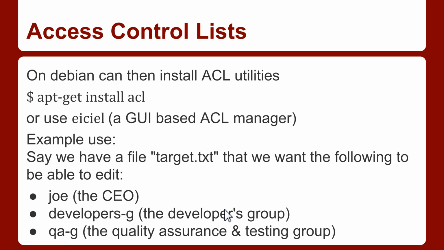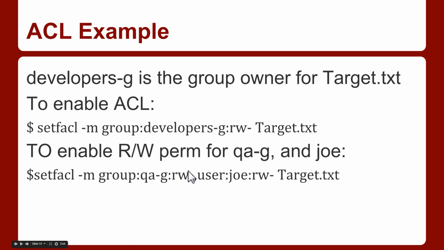On Debian systems, it's something that can be apt-get installed. It's effectively called ACL. That's a command line one. There's a GUI-based one, Eiciel. Basically an example is, say you want to have two groups have access to a file and also a different user, say the CEO or someone very important in an organization, and you want the two groups to have different levels of access.